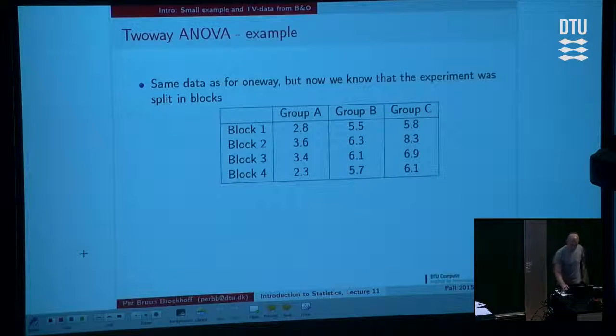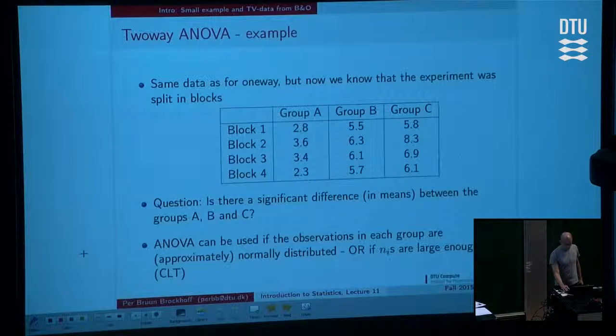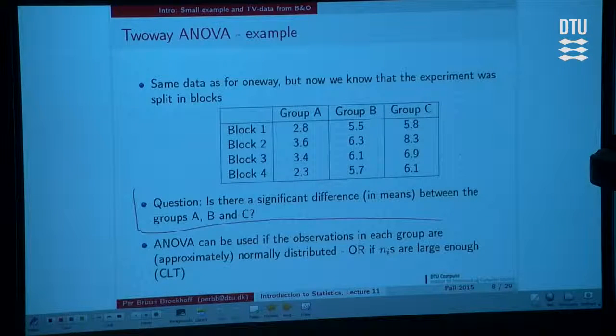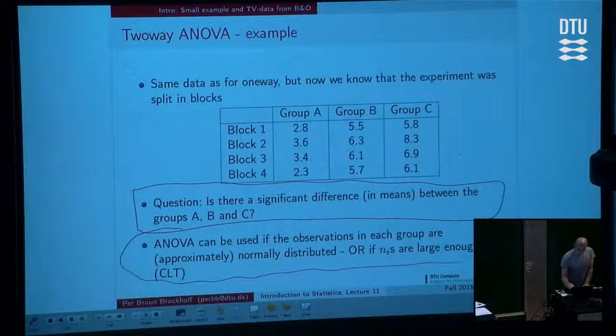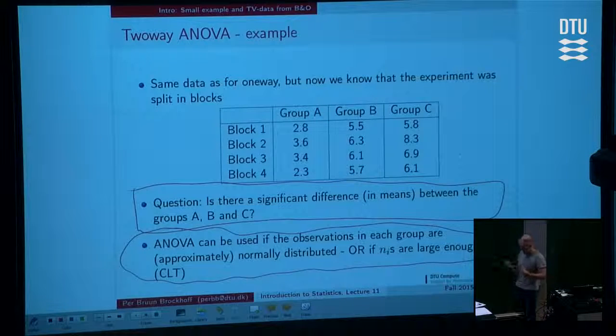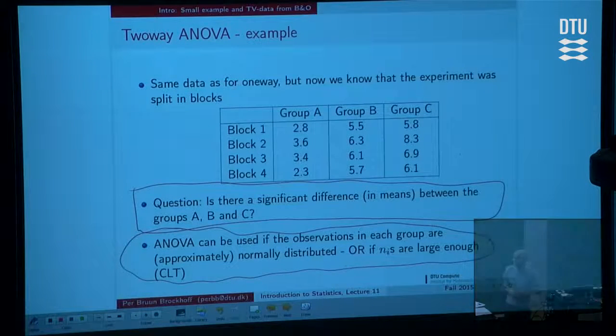That was almost the intro. I already said that the big question still, like last time, is to answer whether there is a difference in means. That's the question. Generally, we have assumptions about normality and about variabilities being of the same order, of the same size, all over your data set in a way.